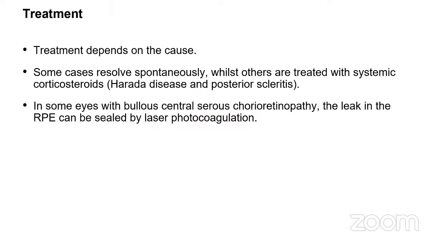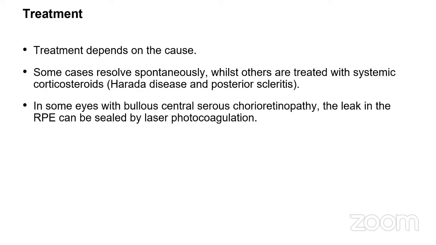So treatment depends on the cause of the RD. Some cases resolve spontaneously, while others are treated with systemic corticosteroids, such as Harada disease and posterior scleritis. Here the important part is to differentiate between VKH and central serous chorioretinopathy, because the treatment is exactly opposite.